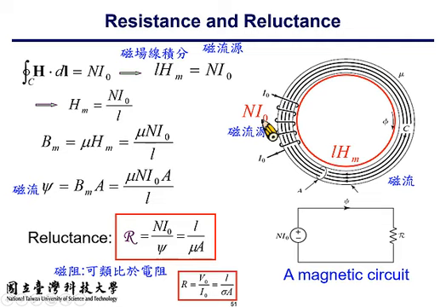Therefore, in order to strengthen or increase the amount of magnetic flux, instead of increasing the electrical current I directly, we use a helical structure, that is, having more turns so that we can produce a larger magnetic flux within the structure. All right?